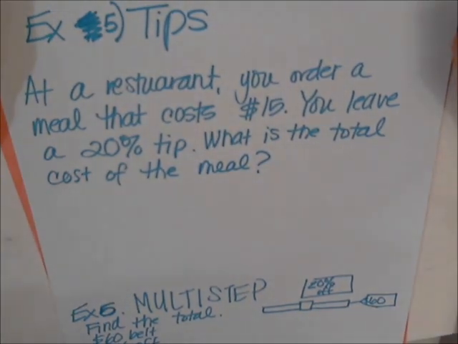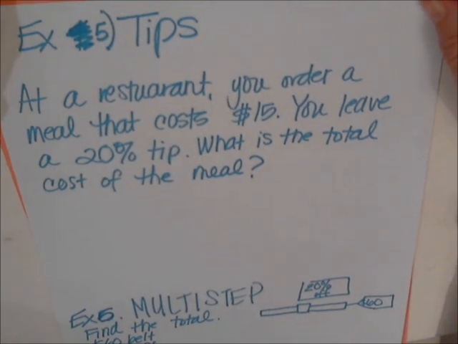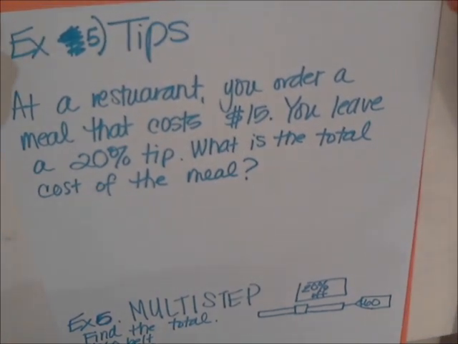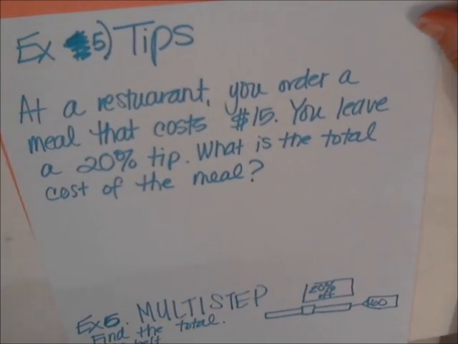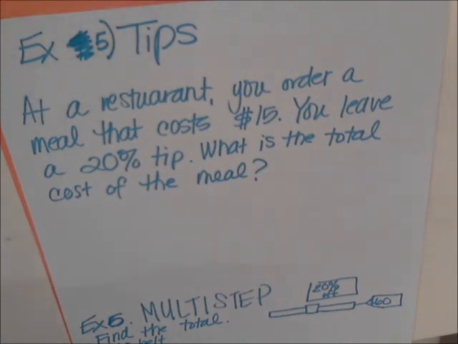Okay, next example. Tips. All right, so we've all been out to dinner, so we can relate to tipping. It's customary to give tips, and really what we're giving is a gratuity.